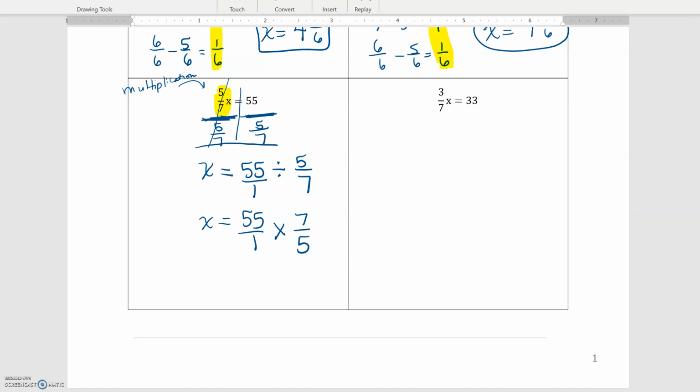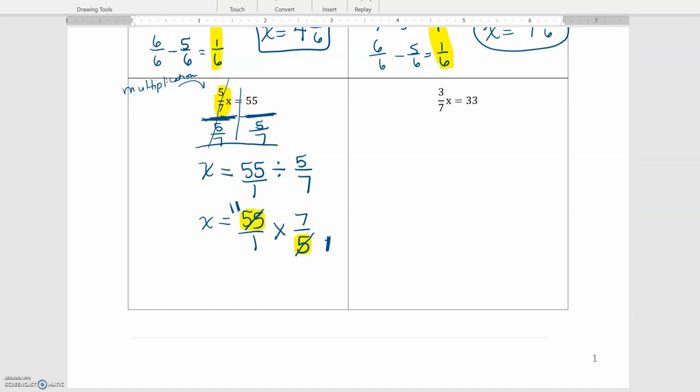Now, as you know, you multiply across the top and across the bottom, but I want to show you a strategy here. I noticed that these two numbers can easily divide into each other to simplify them, and I can divide both of them by 5. If I divide 5 by 5, I get 1. If I divide 55 by 5, I get 11.